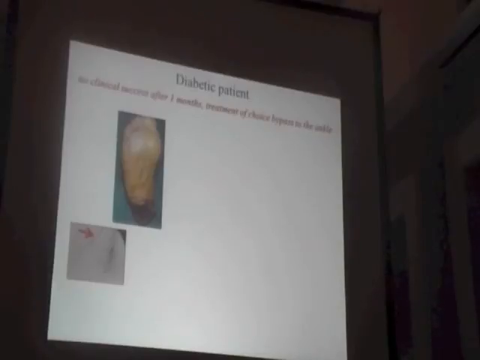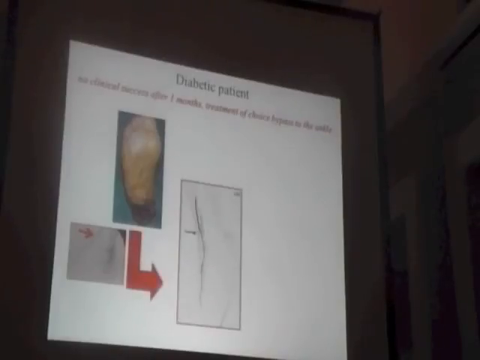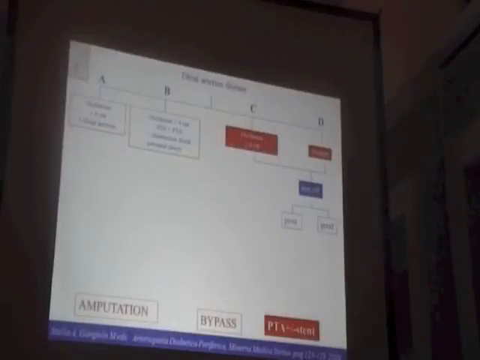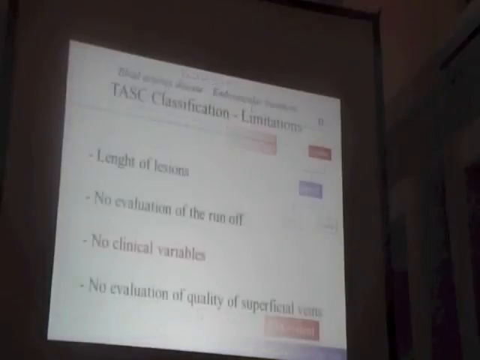We defined the presence of the dorsalis pedis with low resistance in the foot, and we decided to make a bypass to the tibial arteries in the foot, and after 8 months there was clinical success in this patient. Then we introduced in our clinical practice, in our algorithm, not only the extension of the lesion, but also the quality of the runoff in this group of patients.